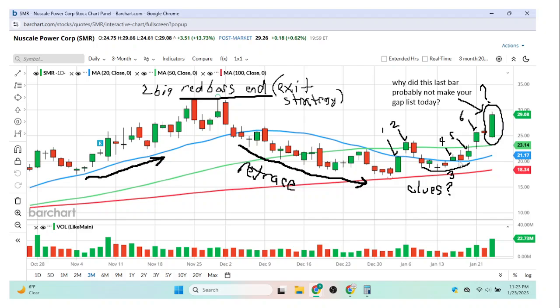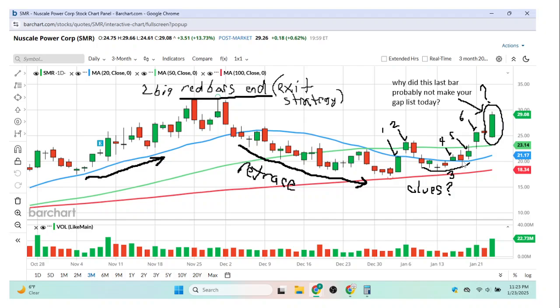Then it retraces again. Okay, it starts retracing again. So I start thinking about buying over here, right in this area, because we start to see smaller range bars. See these 5, 6, 7 bars right here? How they're smaller compared to like this one or this bar or these bars? This is communicating to me that these sellers are probably not as aggressive anymore.